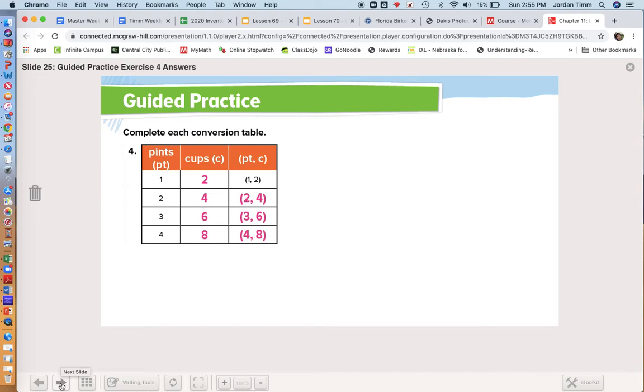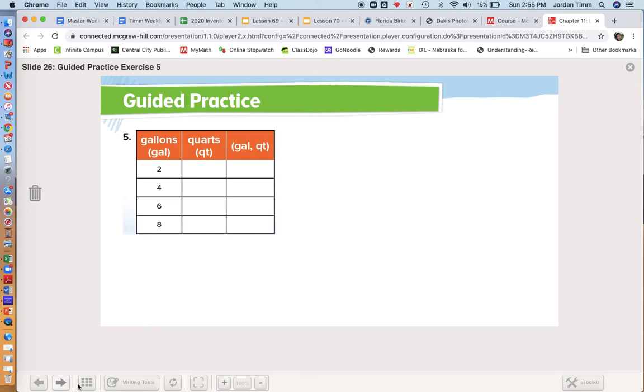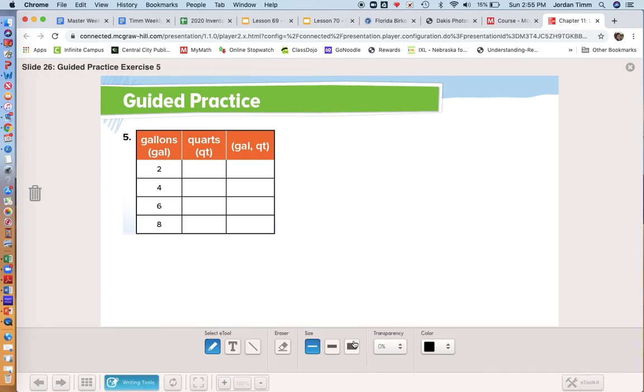We have one more to do together. For this last one, we have gallons, which is the larger capacity, and we're going to a smaller capacity, so we have to multiply. So we have quarts and gallons. We have to figure out how many quarts are in 1 gallon. So how many Q's are in your 1 G?